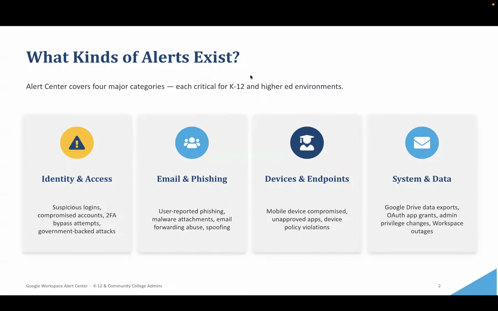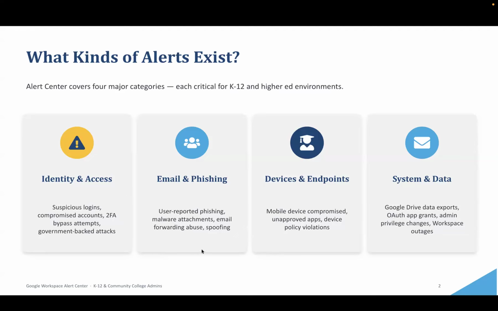So what types of alerts currently exist? We've got our identity and access alerts. A lot of folks have gotten these emails: "Hey, I'm getting all these suspicious logins. Should I be paying attention to them?" Well, of course we should be paying attention to them. We should know what's looking suspicious. Is it API access, or accounts that are possibly being hacked, compromised accounts, and two-factor bypasses or anything along those lines?